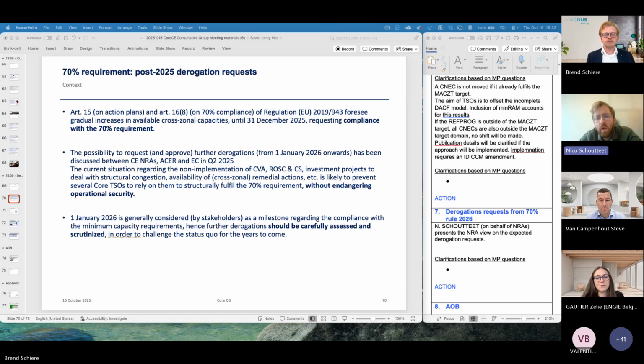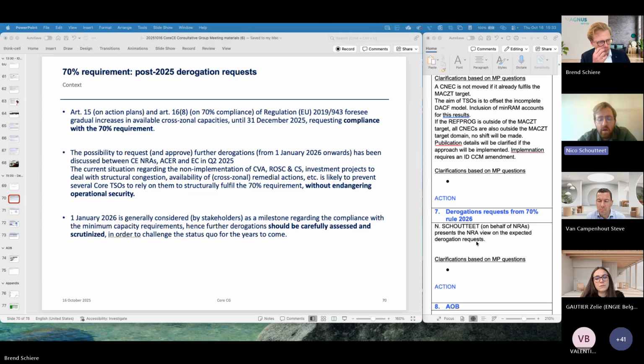And in particular, with regards to Article 15 and Article 16, there's an expectation from the regulation that there is a gradual increase since the entry into force of those provisions back in 2020 until the end of this year, with regards to how much capacities are being provided for cross-zonal exchanges.